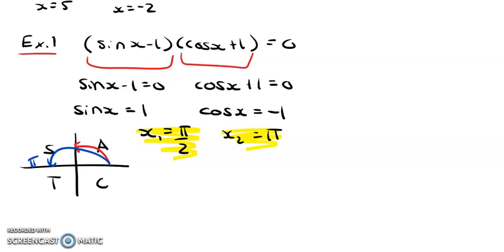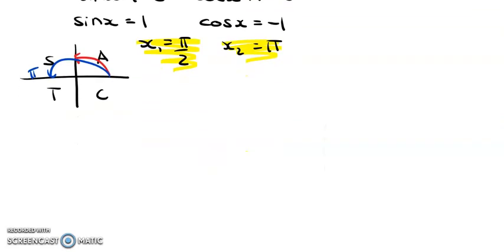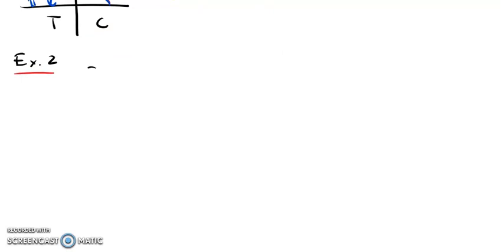But let's go through another example because we want to have some practice with this. Okay, example 2. All right, in this example, we have sine squared x equals 1 over 4. What we're going to want to do here is take the square root of 1 over 4.